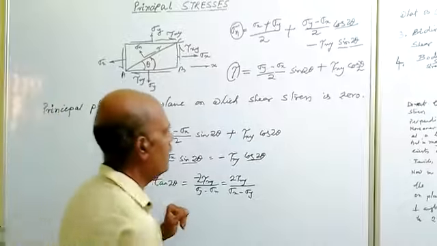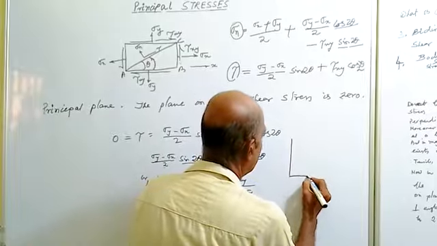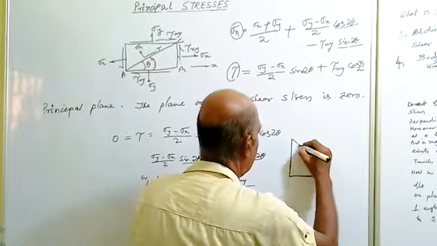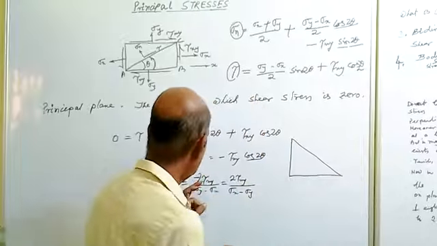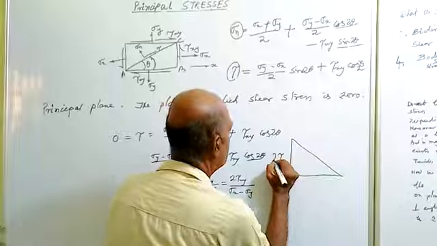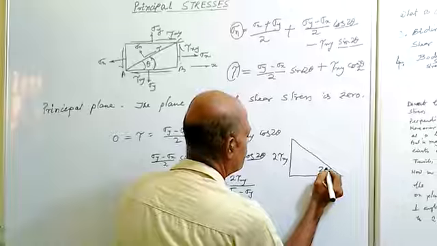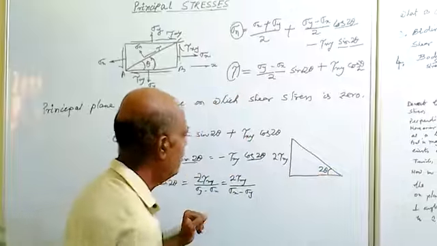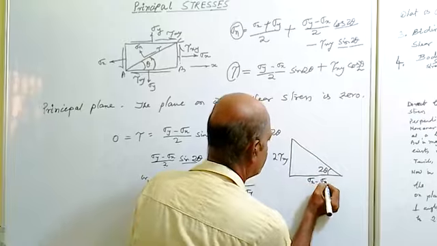Now geometrically we will see. Tan 2 theta, perpendicular by base: if this angle is 2 theta, then the perpendicular will be 2 tau xy, and the base will be sigma x minus sigma y.